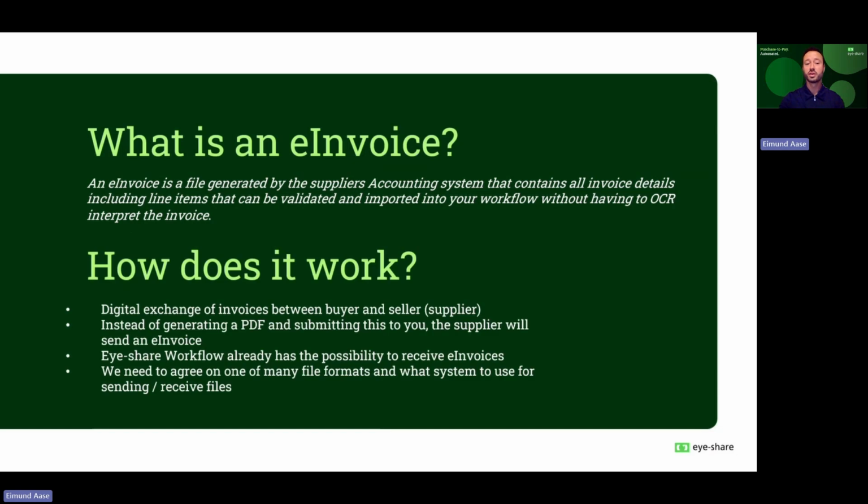So how does it work? First of all, it works as an exchange between the buyer and the seller. Instead of generating the PDF and submitting it to you, the supplier sends an e-invoice. We also know that in some cases the suppliers are able to provide both the PDF and the XML, the e-invoice.